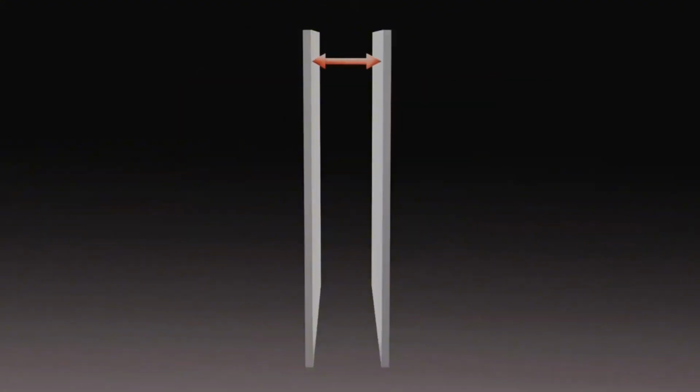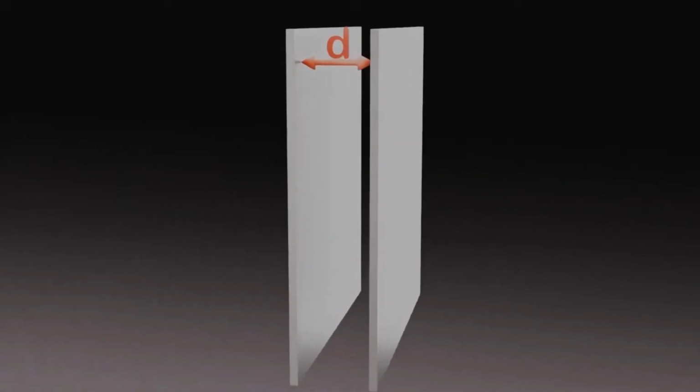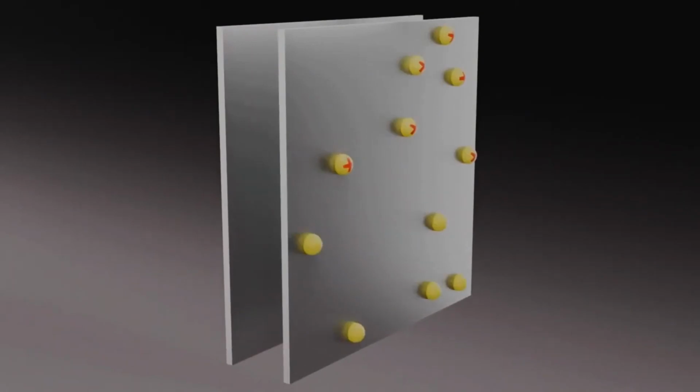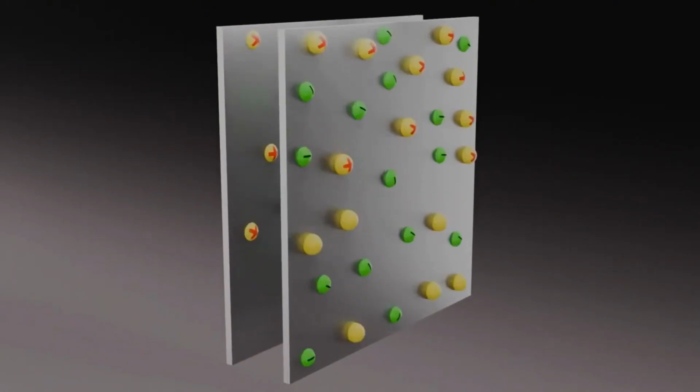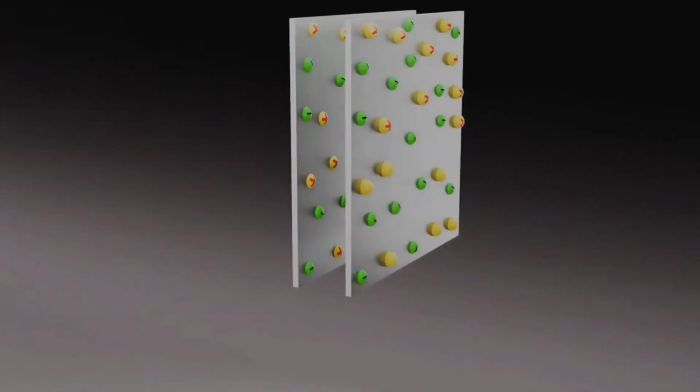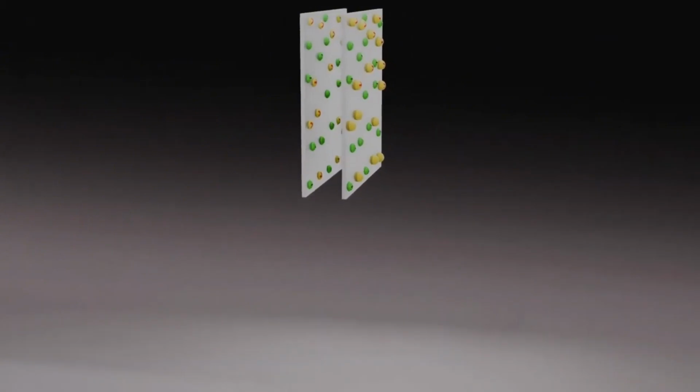Next, let's talk about the distance between the plates. When the potential difference of the battery is constant across its terminals, the electric field between plates increases as the distance between plates decreases. The closer the plate separation, the more charge can be stored in the capacitor. This shows that capacitance is inversely proportional to the distance between plates.